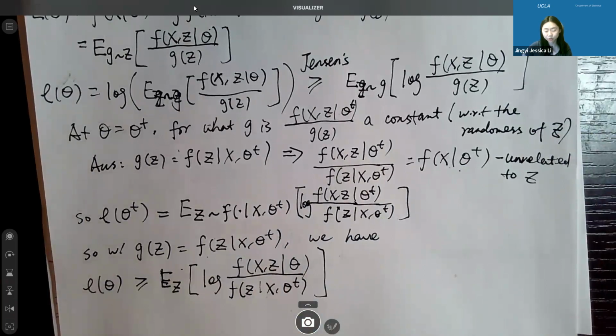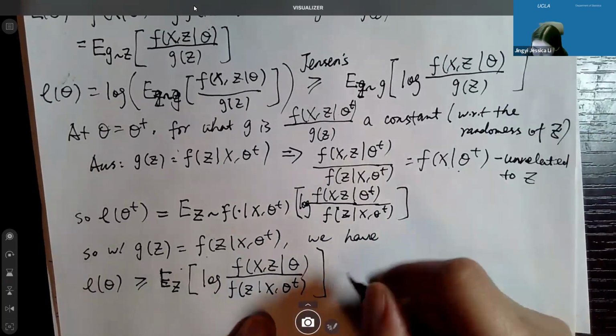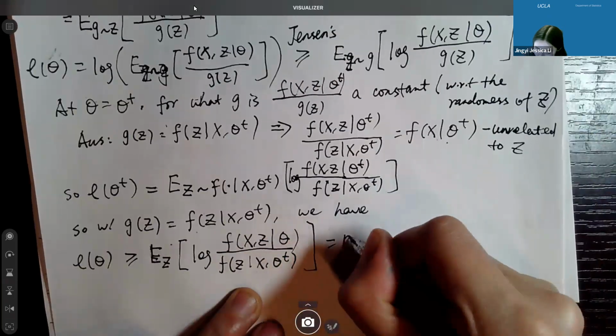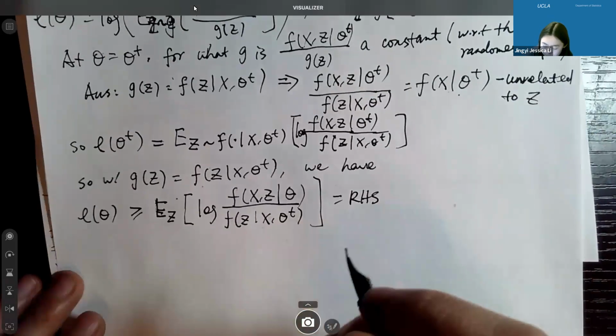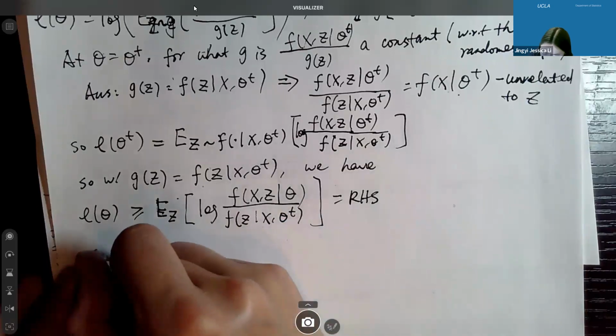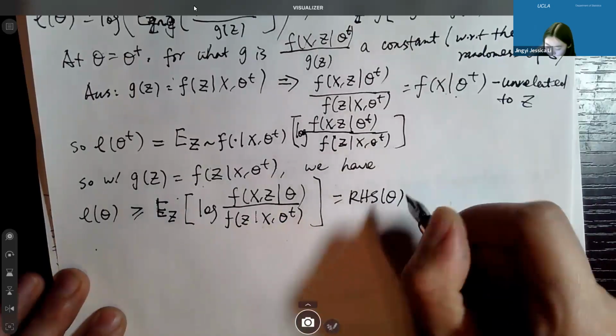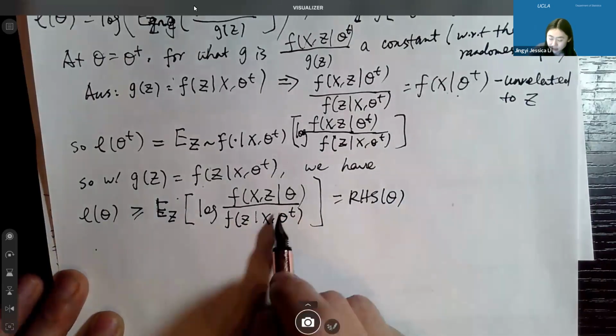And then if we want to find the maximizer of the right-hand side, so maximizing this, I call this right-hand side. The right-hand side is of course a function of theta. Theta is in the numerator.